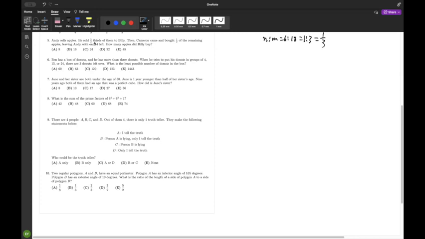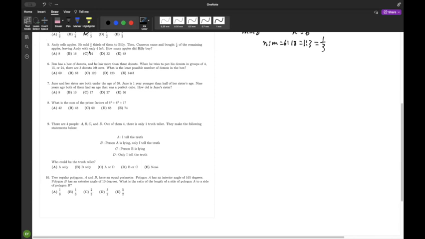Wait. I think it's right. So he sold two-thirds of them to Billy. Then C came and bought one half of the remaining apples, leaving A with only four left. How many apples did B buy?